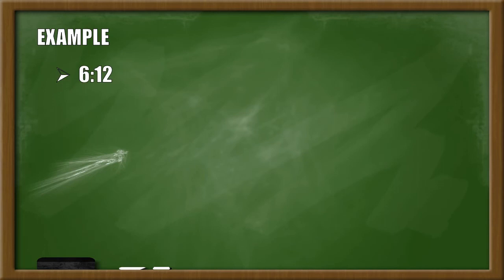Very good. 6:12. Now, how will we make that a fraction? Knowing that a fraction has a numerator and a denominator. So how will we make that into a fraction form?